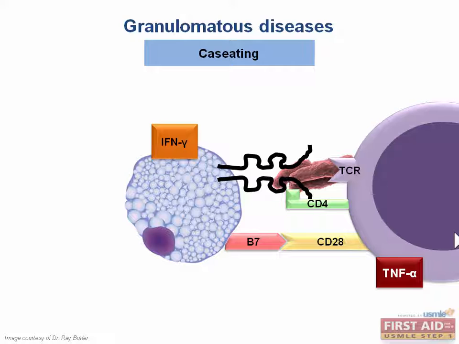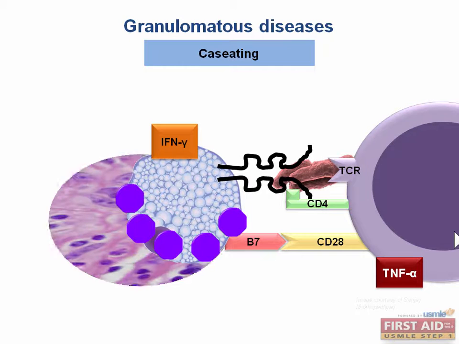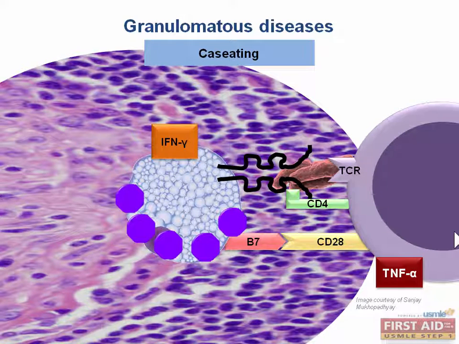It also will cause some of the macrophages to actually join together and combine nuclei, and we see these so-called multinucleated giant cells in tissue, and that's like a trademark of granulomas. So when you see those, you can think granulomatous. Alright, what does a granuloma actually look like? Well, here's a nice little picture.